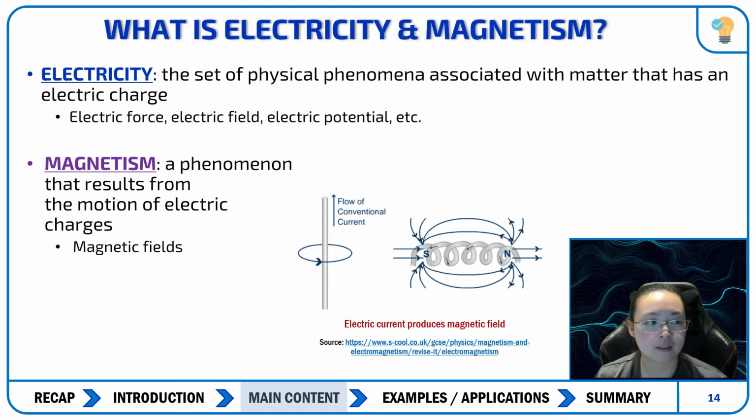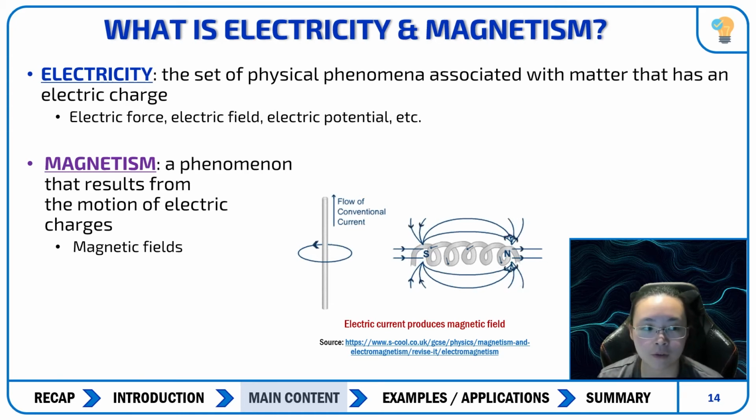So what is electricity and magnetism? Because it's called E&M, what are they separately? Well, electricity describes the set of phenomena associated with things that have an electric charge. And so in this course, we're going to go through the electric force, electric field, and electric potential, as well as electric current. So these are all different things that will lead us to magnetism.